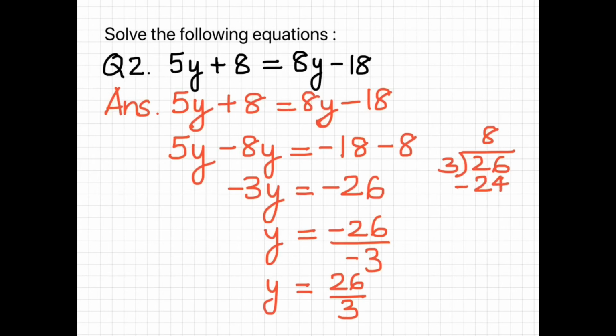Let's subtract 26 minus 24. We get 2 as the remainder. So we write 26 by 3 in mixed form as 8, 2 by 3. So the value of the variable y is 8, 2 by 3.